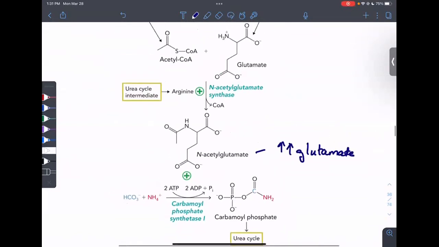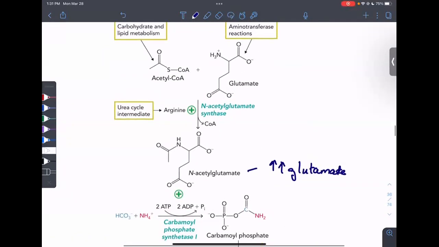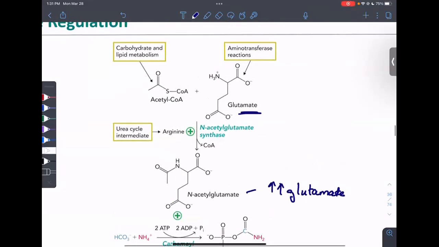Right? So you're only going to make N-acetylglutamate if you have a ton of glutamate to start with. And so you have this enzyme called N-acetylglutamate synthetase that makes N-acetylglutamate, right? And it makes it from 2 sources. It makes it from acetyl-CoA and glutamate.